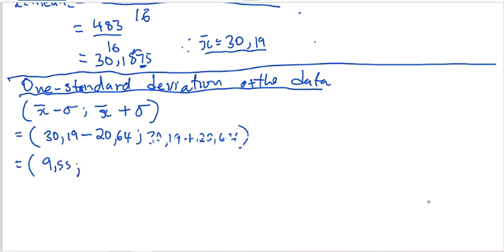Then the upper limit, 30,19 plus 20,64, gives 50,83. Now this is the interval of one standard deviation.